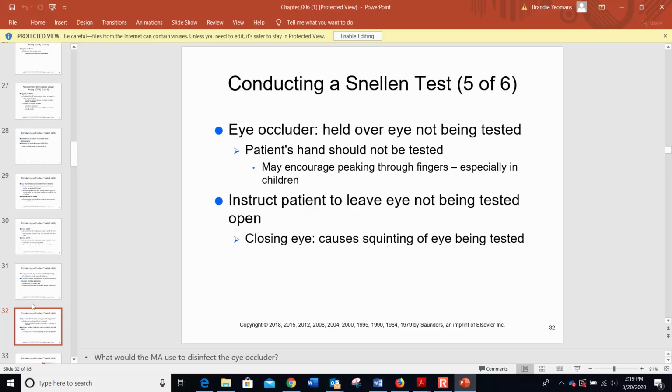So that's the distance you need to remember for those two charts. The Snellen chart we do distance vision with. We have our patient standing at 20 feet from the Snellen chart, and with the near acuity we have the patient holding a piece of paper at about 14 to 16 inches away from their face so they can read that for us.